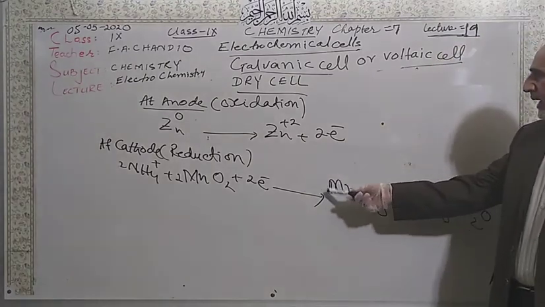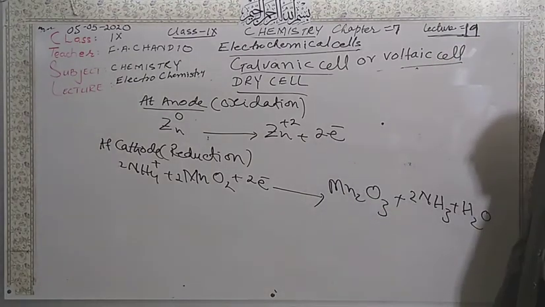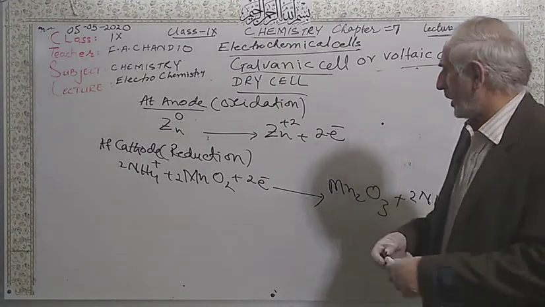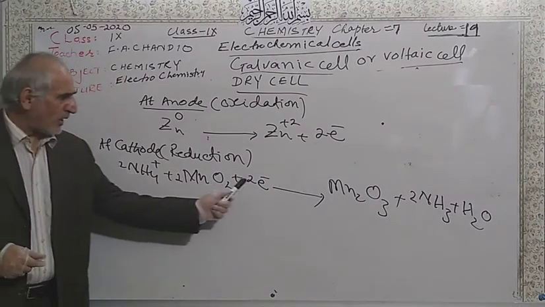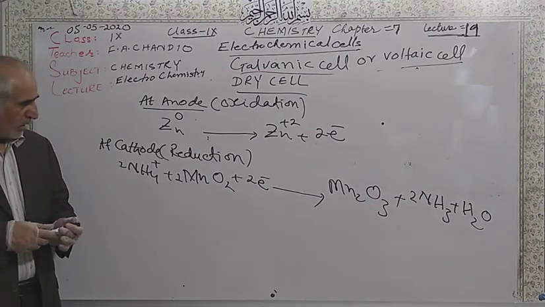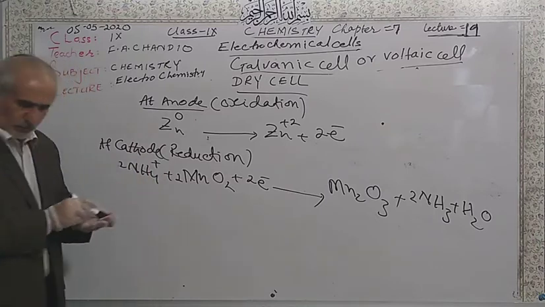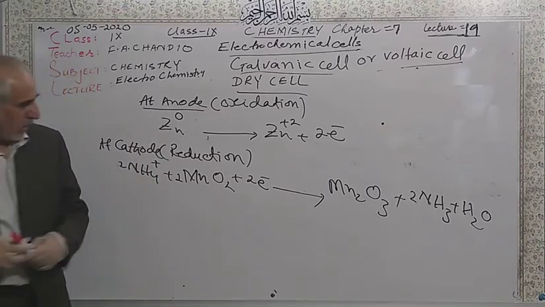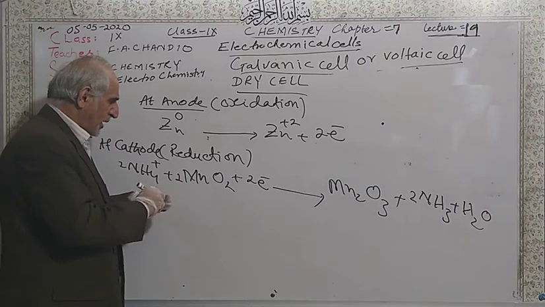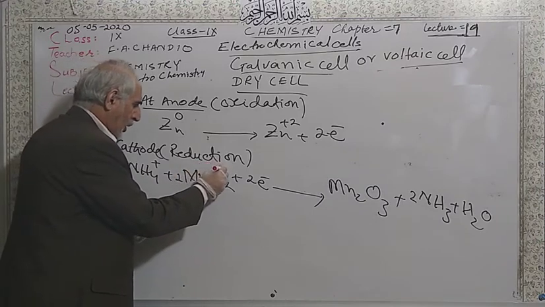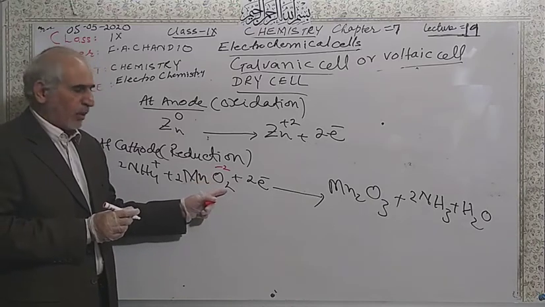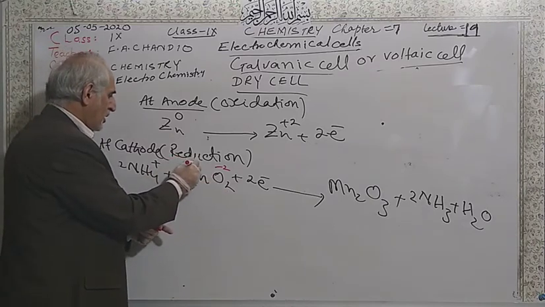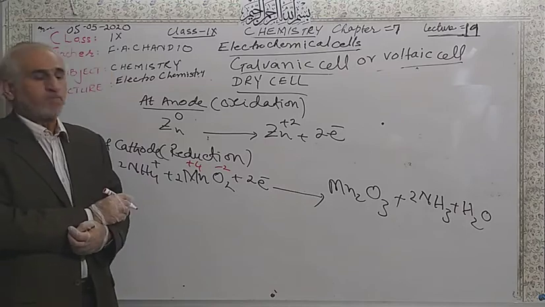So this acts as a cathode, this acts as an anode. So the chemical reaction is taking place. Now, how do electrons change here? I told you that oxide in oxygen is normally -2. -2 multiplied by 2 is -4, so manganese is positive 4 here.